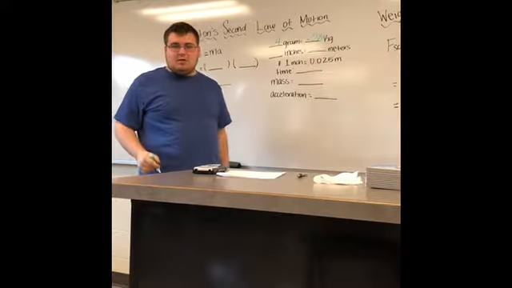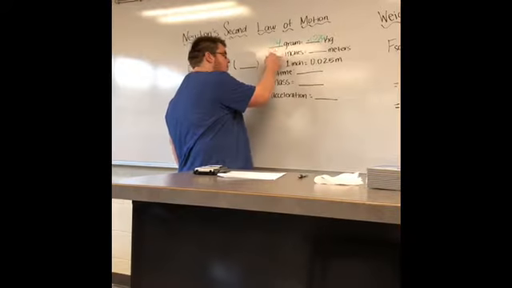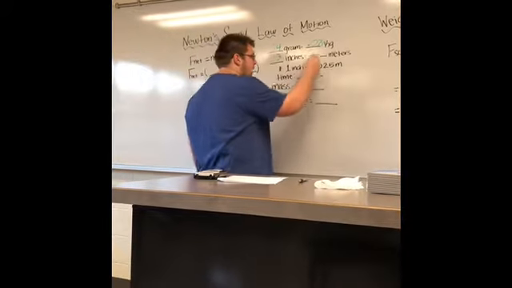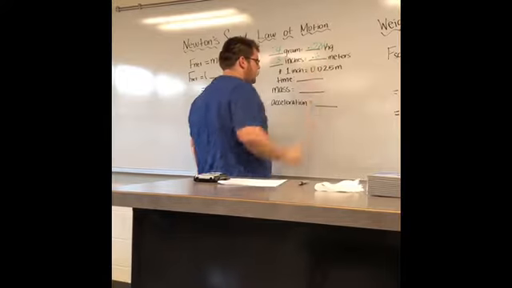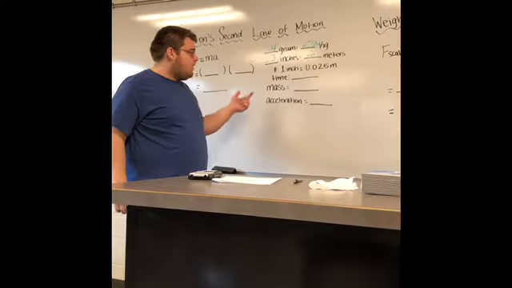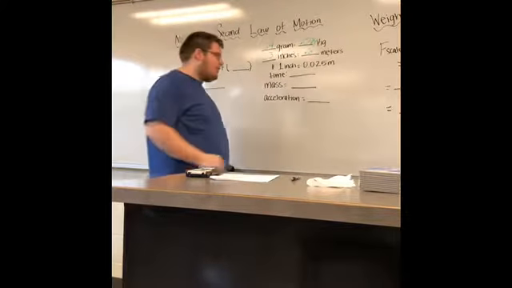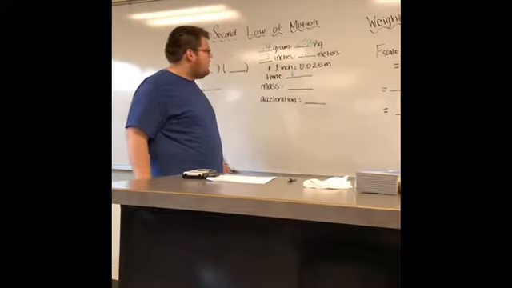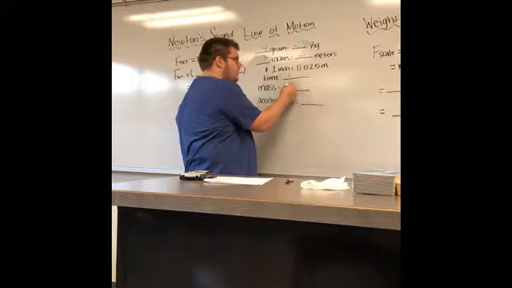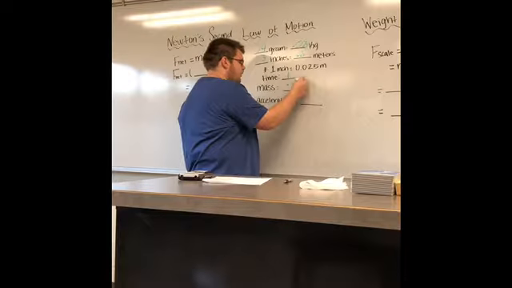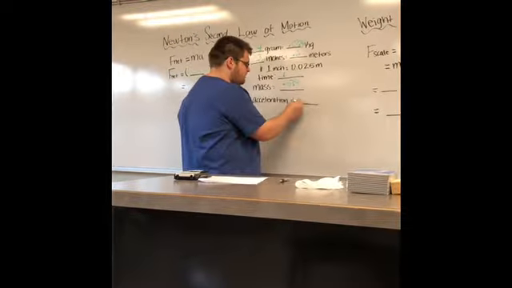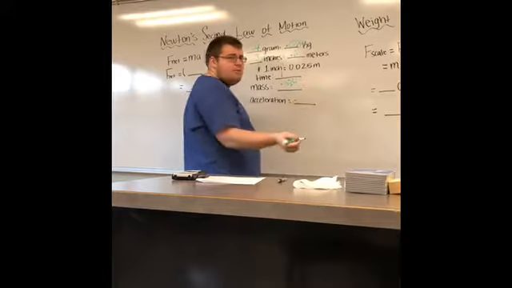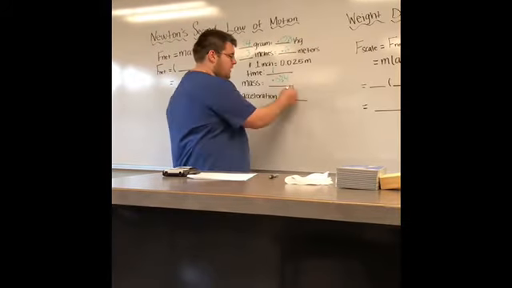We previously measured the board, which was 23 inches, about 0.6 meters. We also measured the time beforehand, and it was about 1 second. So now we have our mass, 0.034, times our acceleration, which is 0.6 meters per second squared.